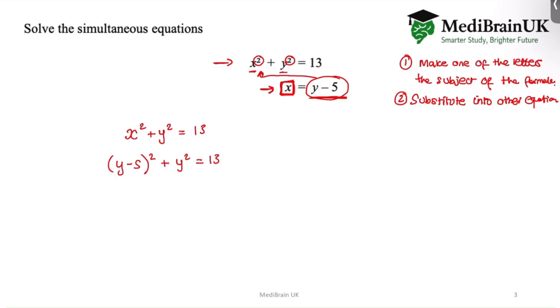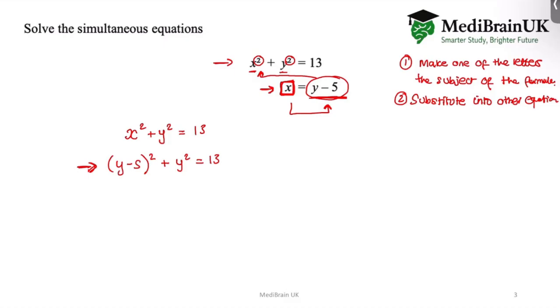We've just replaced the x with y minus 5 because both are the exact same thing. Now, in this case, all the letters are y, so we can expand the brackets and work out what y is going to be.